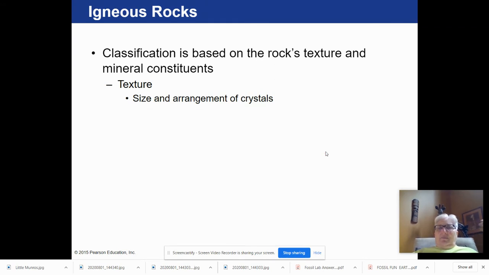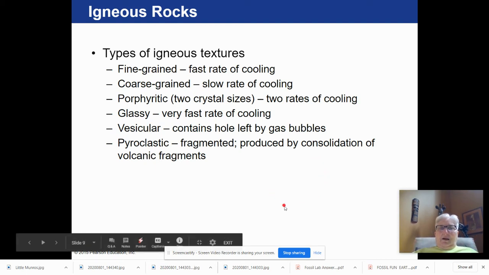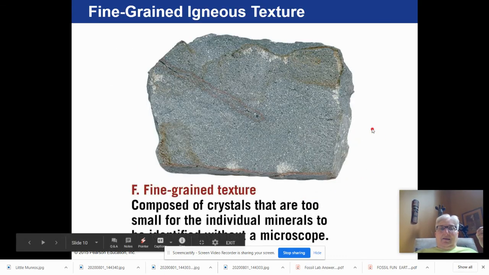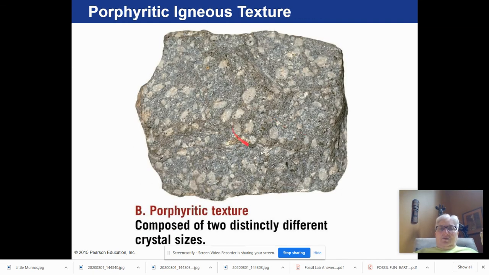Now, we classify rock based upon several different characteristics. Texture is one: are the grains inside small, very fine, and so on. How much glass is inside that rock. Here we look at a very fine grain texture versus the granite here, which has very large textured pieces.